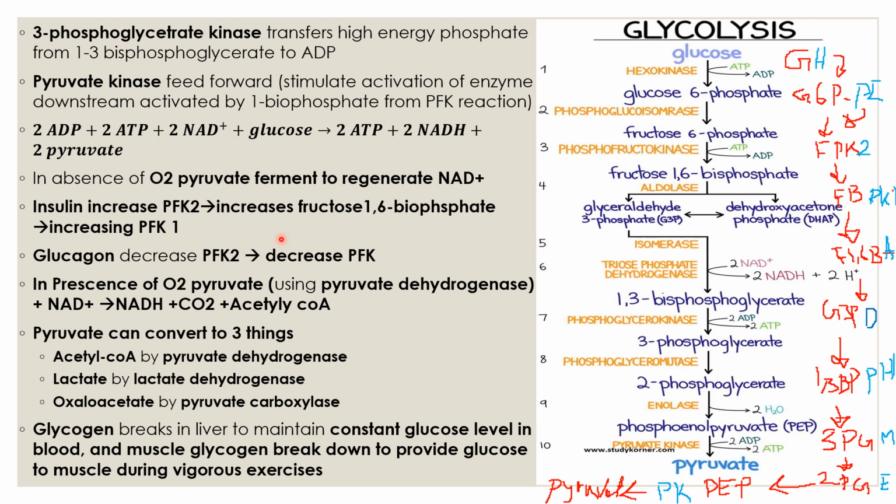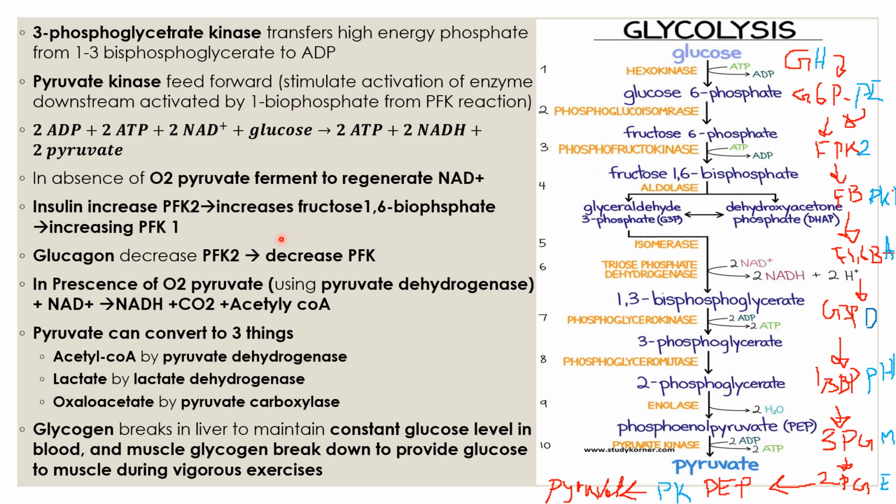Glucagon on the other hand decreases PFK2, which decreases PFK1. Glucagon tries to inhibit PFK2 from doing this, because glucagon wants glycogen to be broken down and used in order to increase the levels of sugar in the blood. Okay, in the presence of O2, pyruvate dehydrogenase converts pyruvate with NAD+ into NADH plus CO2 plus acetyl CoA, which we'll be talking about.